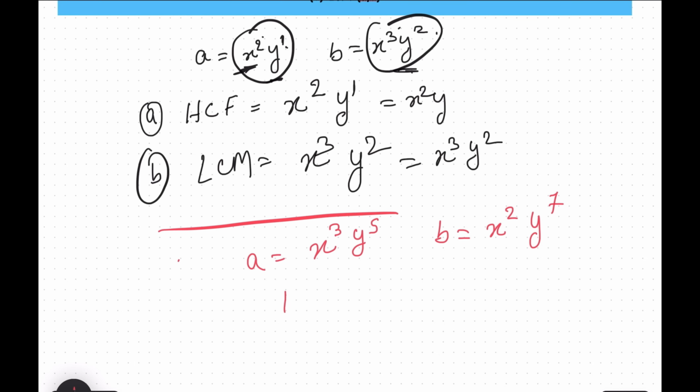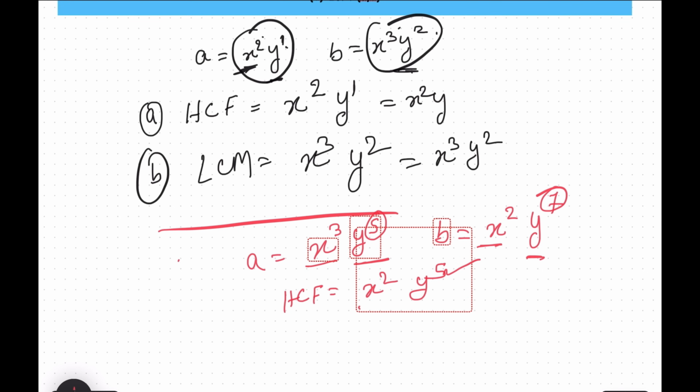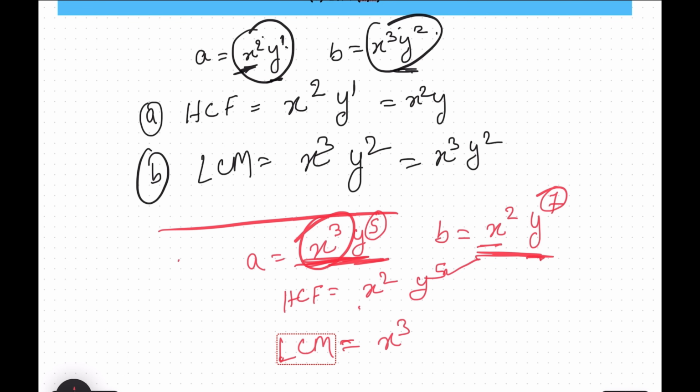Similarly, for the HCF we take the minimum value, that is x square, and the minimum value of y is y to the power 5, because between 5 and 7 you write 5. Next, to find the LCM, similarly, look at the highest power. So x cube, and y to the power 7 is the answer. Okay, like that we can do.